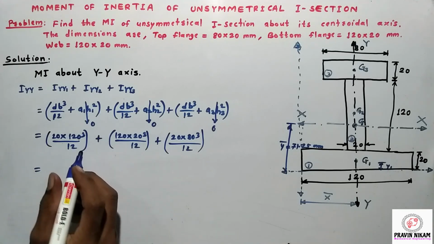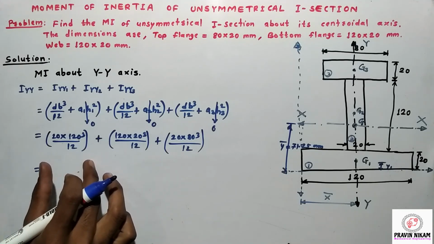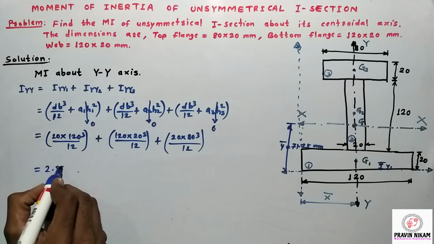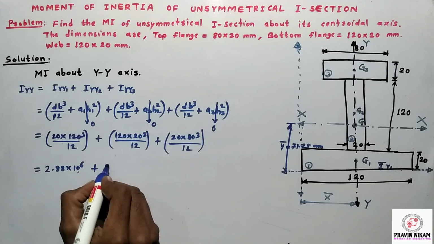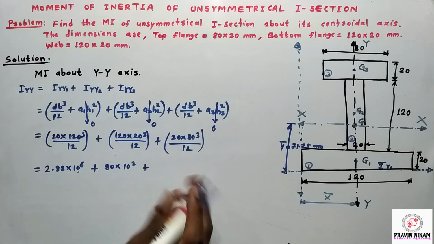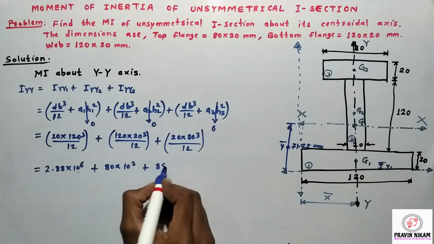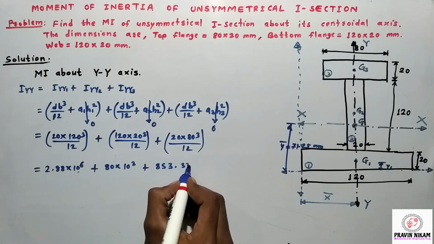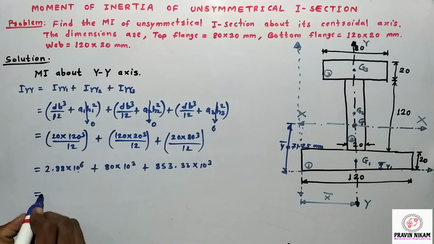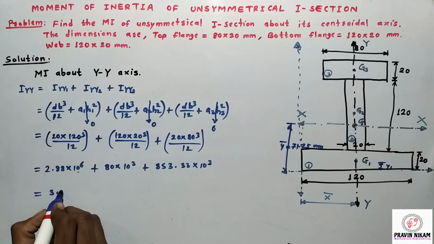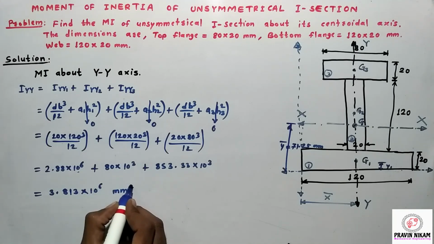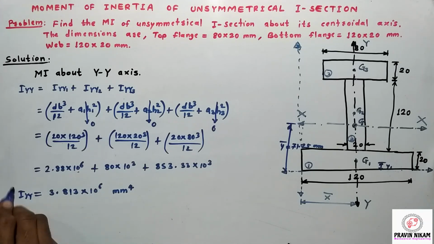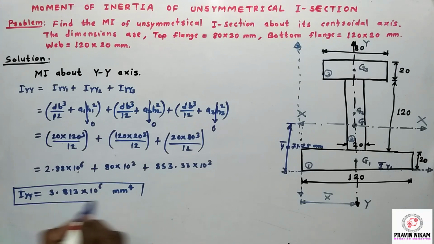Now calculate each term: you will get 2.88 into 10 raised to 6 plus 80 into 10 raised to 3 plus 853.33 into 10 raised to 3. So Iyy becomes 3.813 into 10 raised to 6 mm raised to 4. This is the final Iyy, so this is our answer.